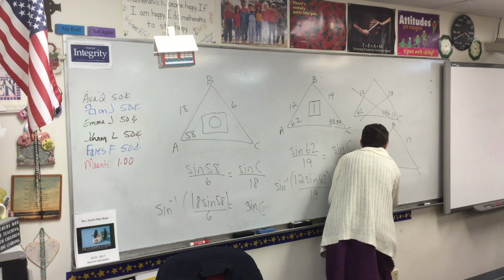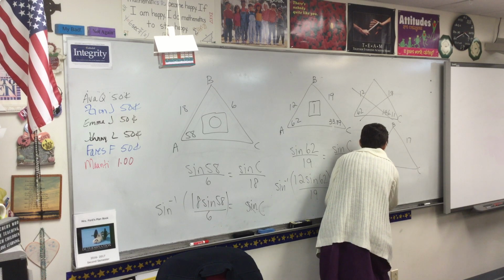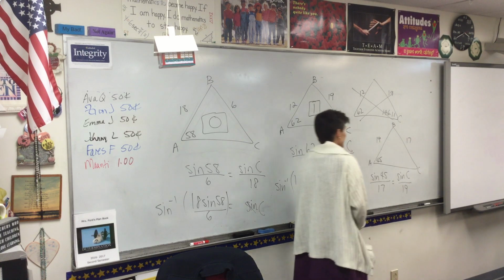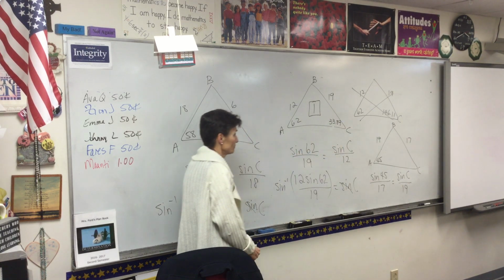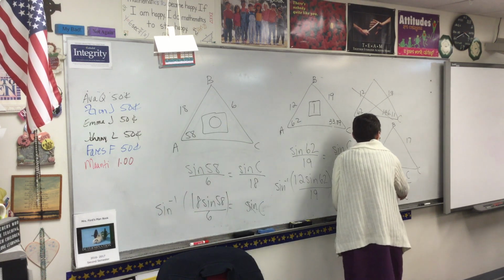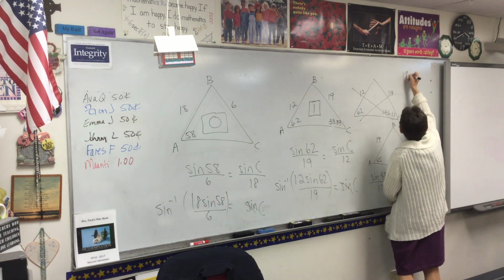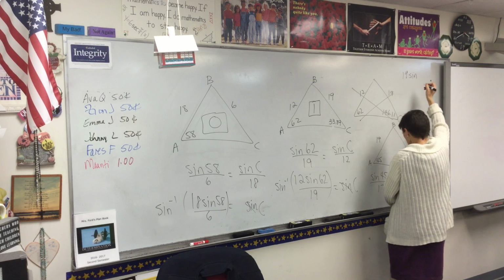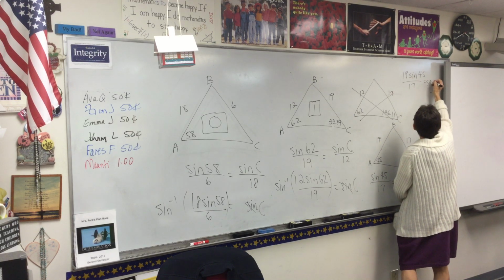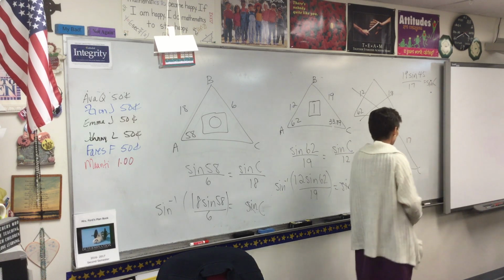So sine 45 over 17, sine C over 19. Multiply the 19 over, so 19 sine 45 over 17 equals sine C. Everybody's following along okay?